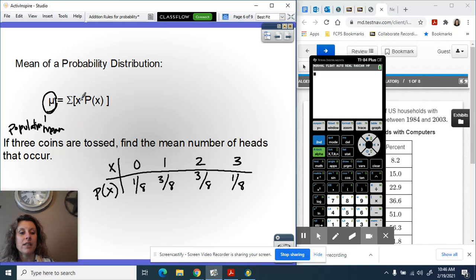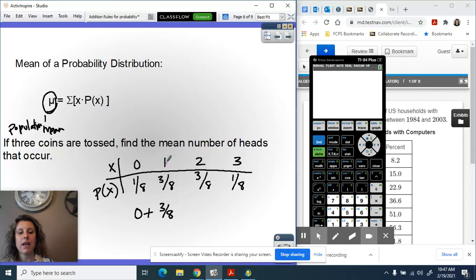So this part says that we're going to multiply X times P of X. So the first X value is 0, and we're multiplying that by the probability associated with that, which is 1/8. So 0 times 1/8 is 0. For the next random variable, we had 1 as the X value. The probability is 3/8. So we're taking 1 times 3/8 to get 3/8.